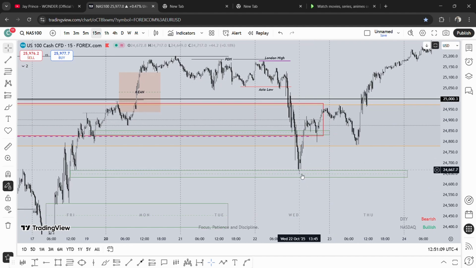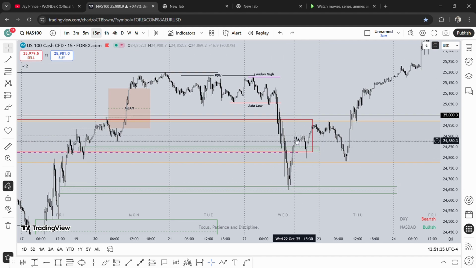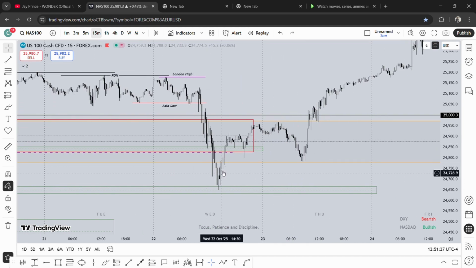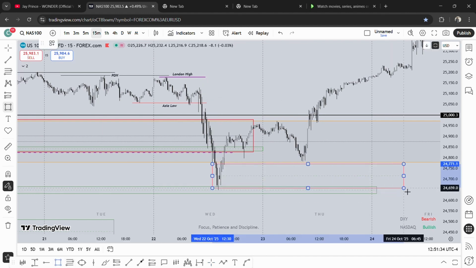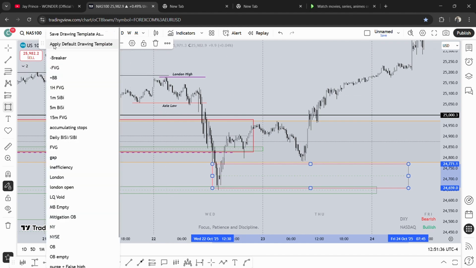So price traded into this. It was Wednesday. I entered my first buy right here, and then with this movement higher, we activated this order block over here, right? That's another block.